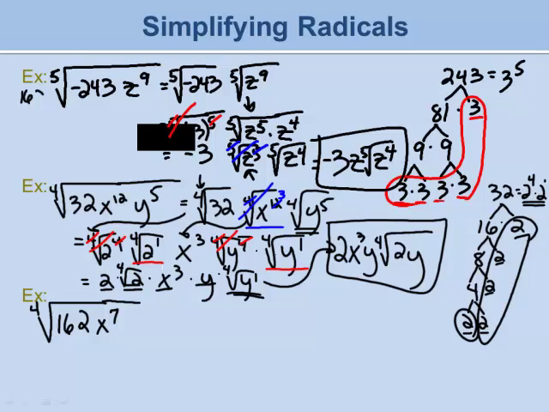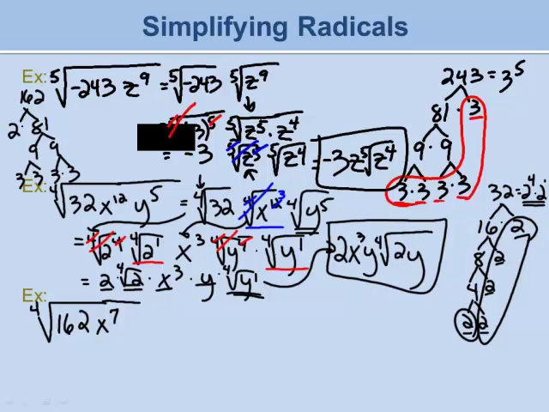We've got 162. That's an even number, so I know I can take a 2 out at a minimum. So 162 divided by 2 leaves us with 81. 81, of course, is 9 times 9, and each of those 9s will break down to give us a couple of 3s.